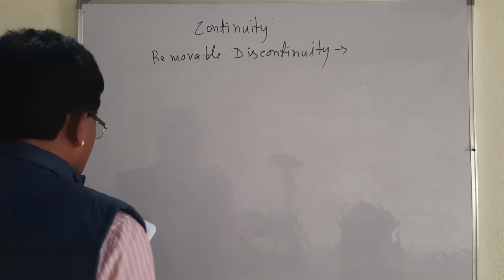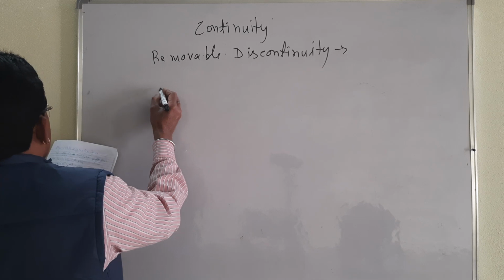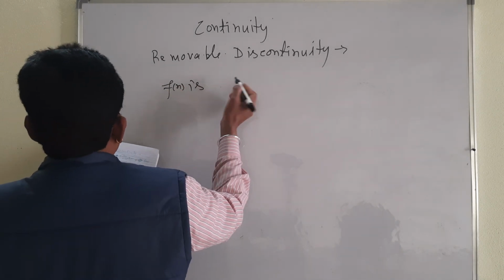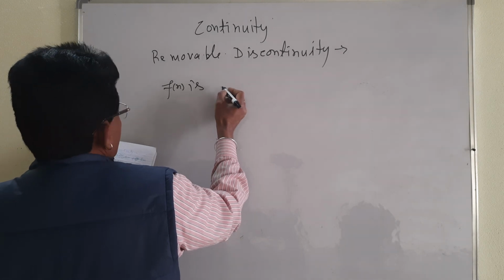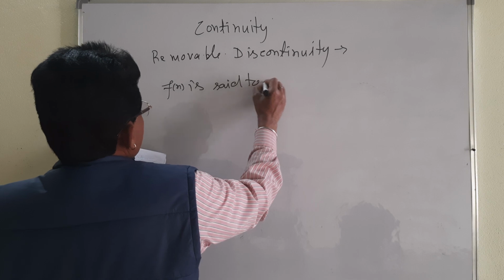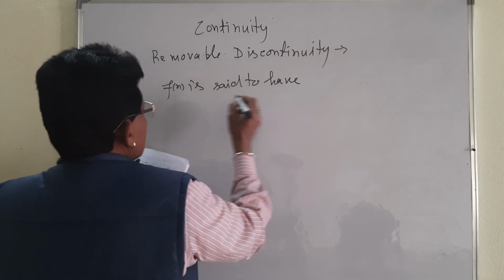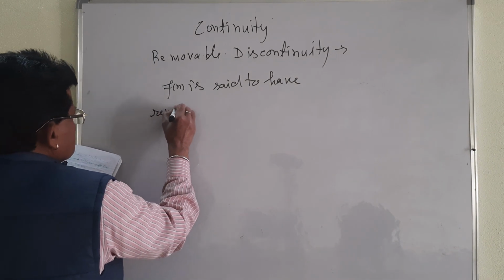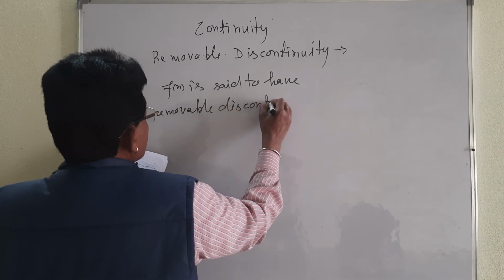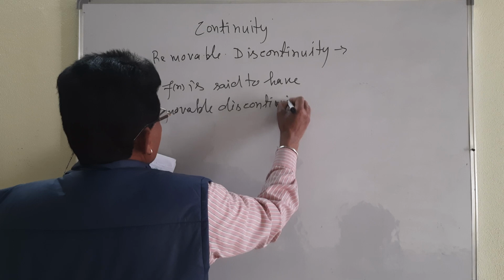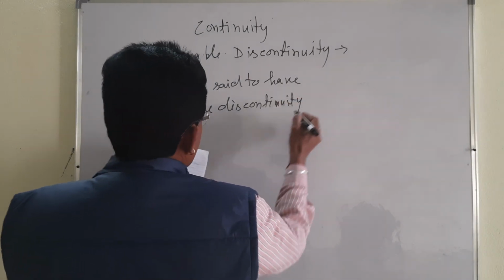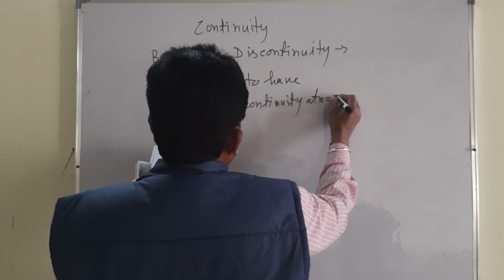That is why you see, the function f(x) is discontinuous. Removable discontinuity is said to exist, that is, a discontinuity which can be removed, at x equal to a.